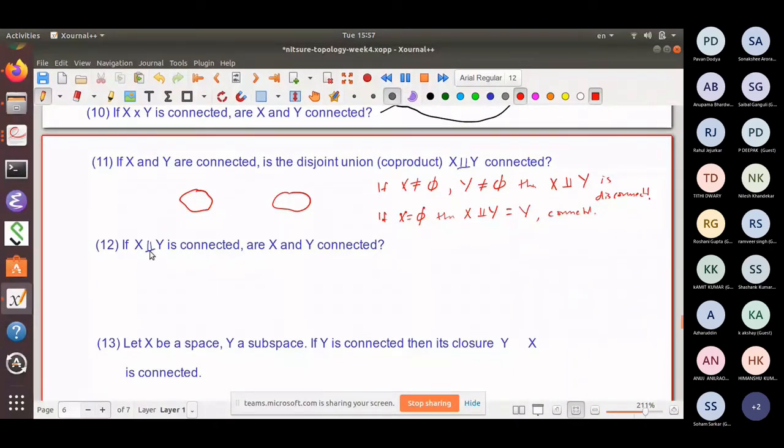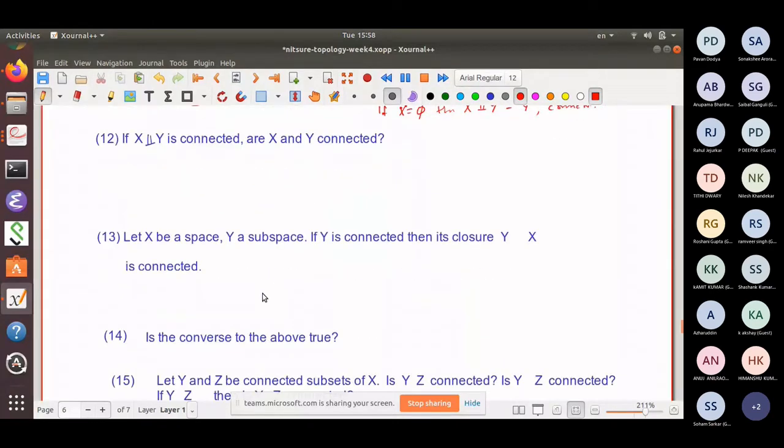Sir, X is empty or Y is empty? Yes. So in that situation, you can say, yeah, they are connected. But otherwise, this is not going to be connected. And so you know how to answer this question. This is a very special kind of situation. Okay, very good.